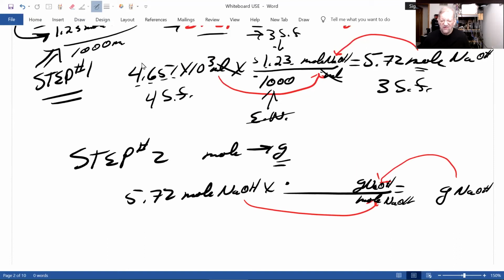And where do I get these numbers? Well, in important information in test 3, 1 mole of a compound equals the molecular weight in grams of the compound.